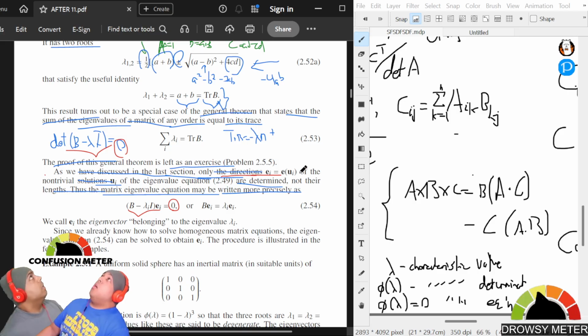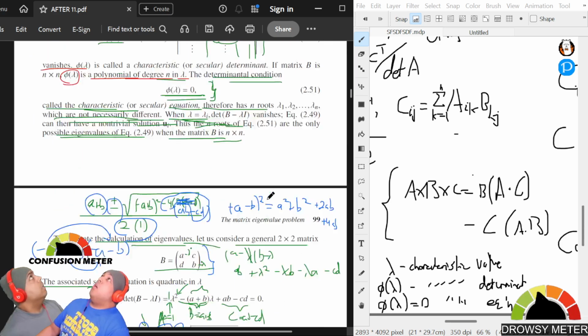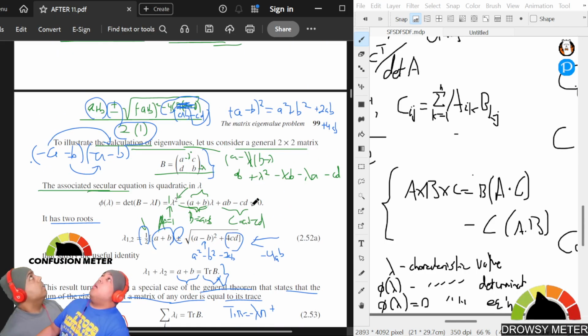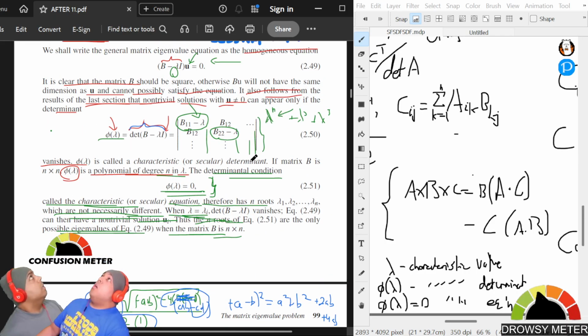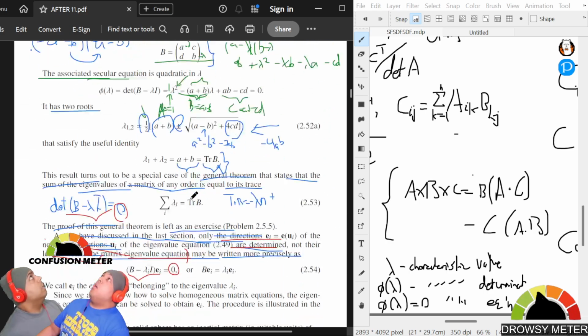Only the directions of non-trivial solutions are determined, not their lengths. Matrix eigenvalue equation. Characteristic equation. Okay, so it is not the same thing. The characteristic equation is not the matrix eigenvalue equation.